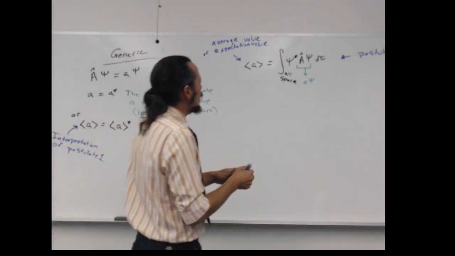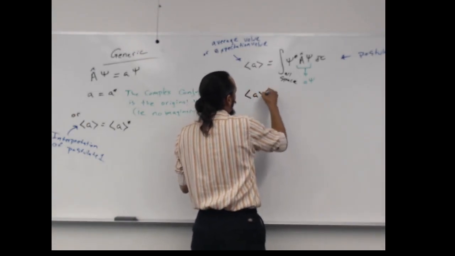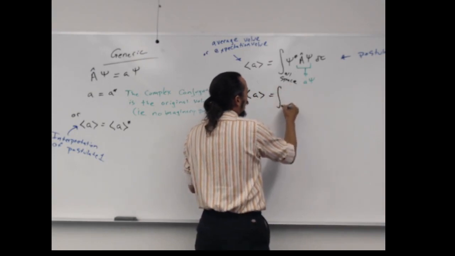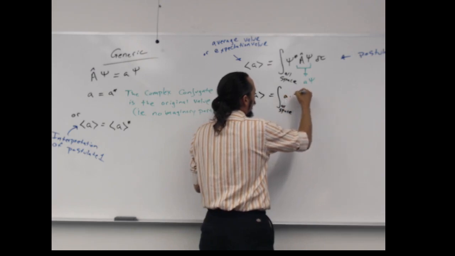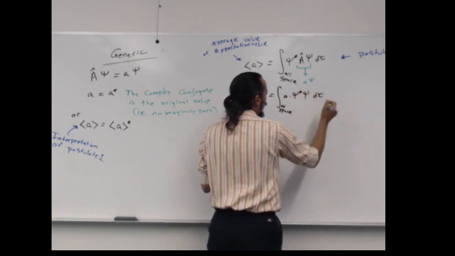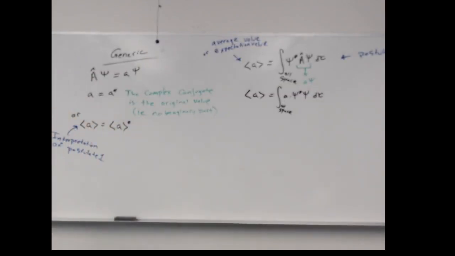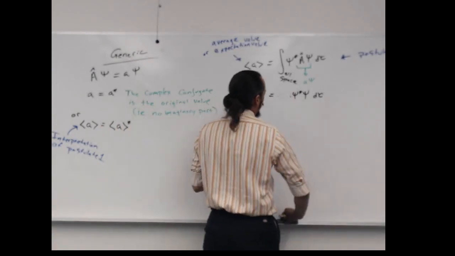What this means is my angled brackets a over all space is going to be equal to a times psi star psi d tau. Since a is just a constant, it's just some number, I can move that bit outside of the integral.